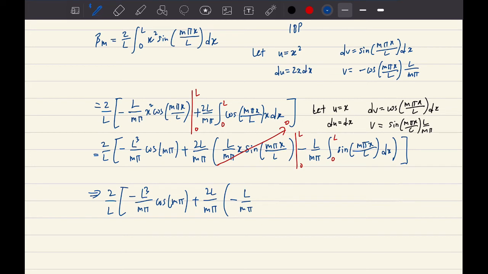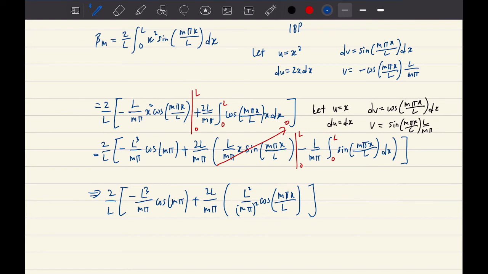Maybe the future me, when I look at this video, will say, hey, I know that's wrong. If we integrate sine, we just get negative cos, so that's a positive here. Cos of m pi x on L, everything squared. I'm hoping that I did this right.